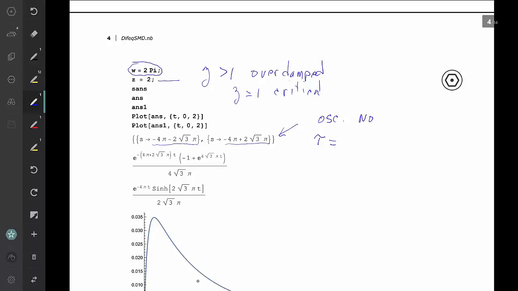So this one is 4 pi minus 2 root 3 pi, which is minus 1.68.